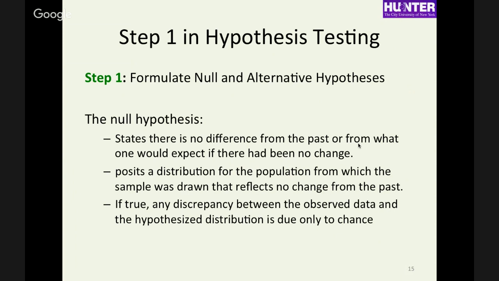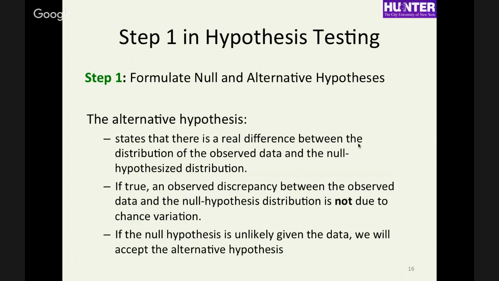And then your alternative hypothesis will be that there is a difference. And we'll explicitly write some of those out later. And I will be encouraging you to write them out as an actual formula. So again, the alternative hypothesis is that there is some difference between the distribution you're observing and some previously known distribution.